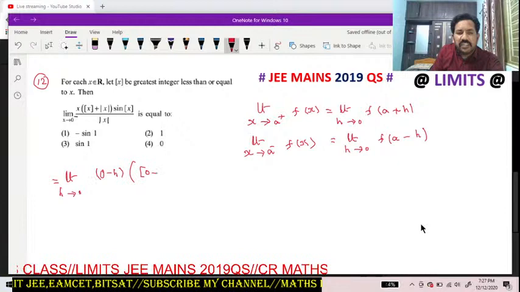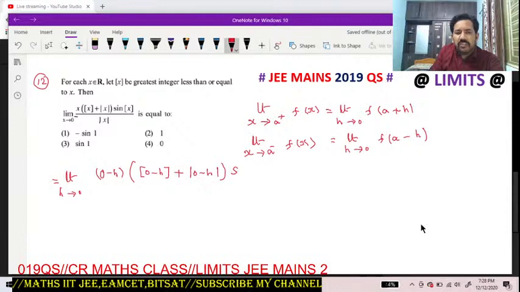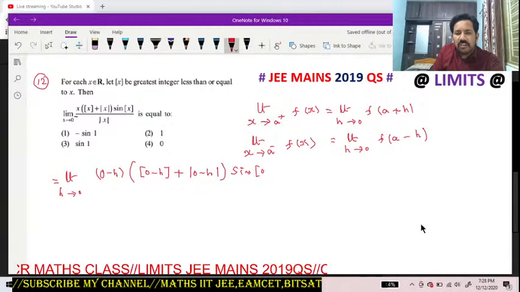Here h is a very small quantity, plus mod 0 minus h into sine of step function 0 minus h, divided by the denominator, modulus 0 minus h.